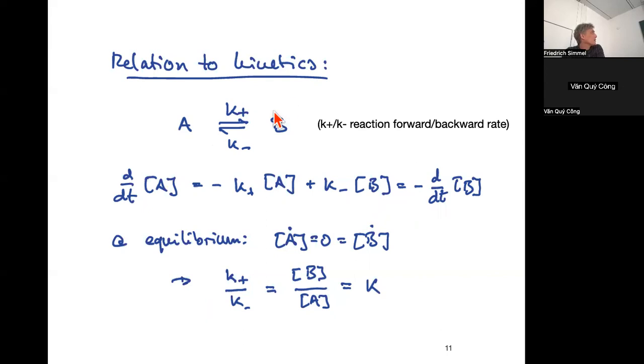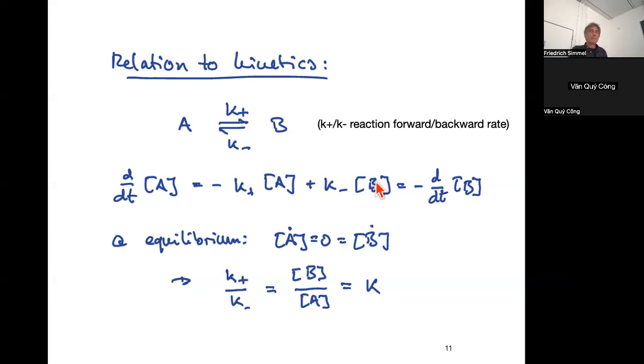Now, such a chemical reaction can be converted into a differential equation that looks like this here. It says that the change of the concentration of A over time is given by the conversion of A into B that happens with that rate, minus k+ times that concentration. But you also gain molecules of type A by the reverse reaction, that's plus k- times B.